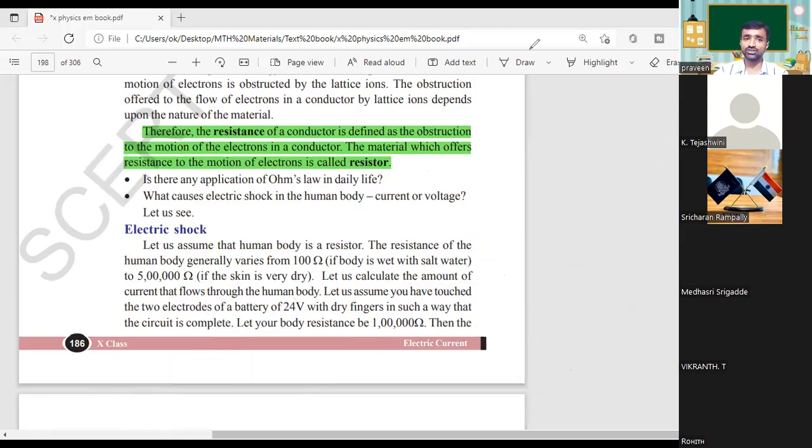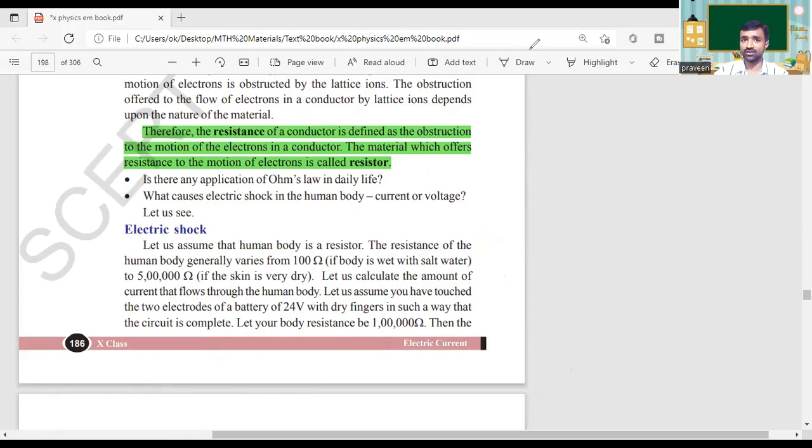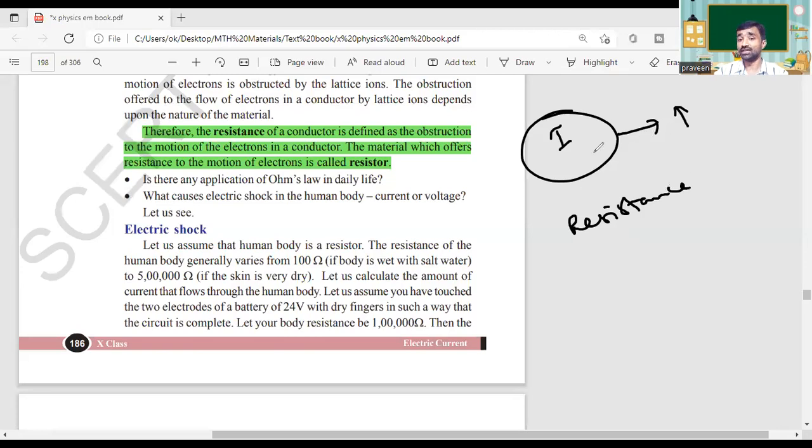So what happens to your body resistance when the amount of current increases, or simply when current is allowed through your body? When current is passing through your body, there is a change in the resistance. When the amount of current increases through your body, resistance decreases.